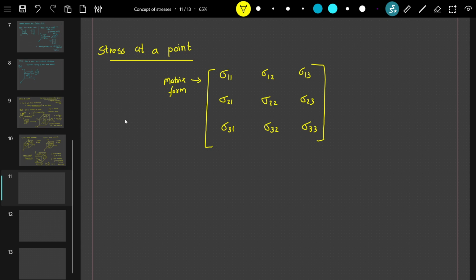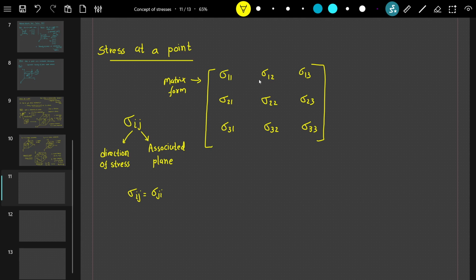In tensorial notation, we can write it as sigma ij, where i is the direction of stress and j is the associated plane. And we can also say sigma ij is equal to sigma ji.